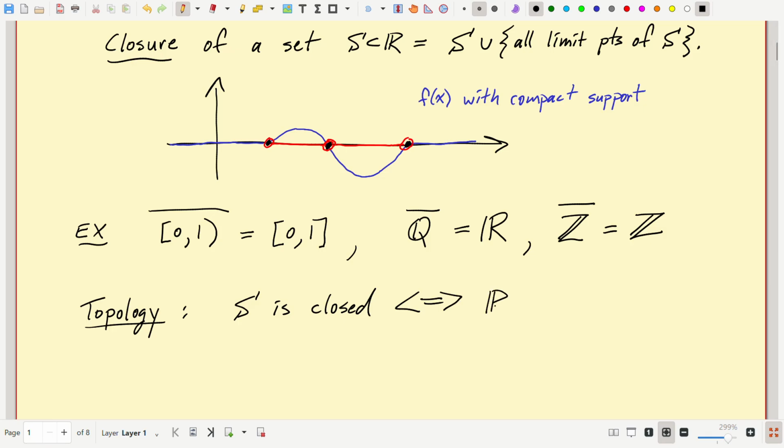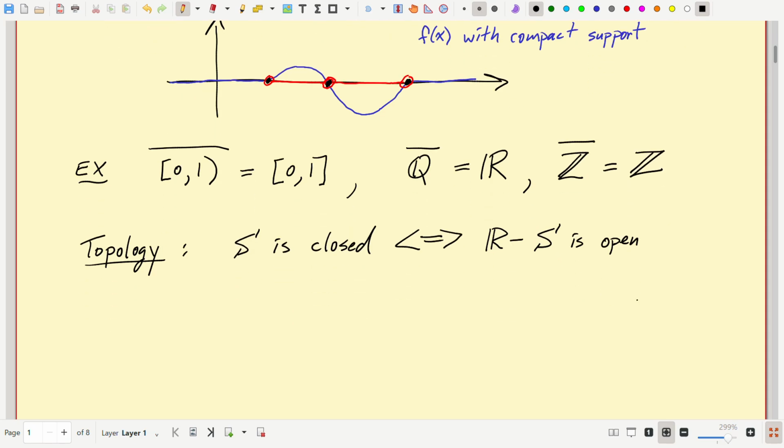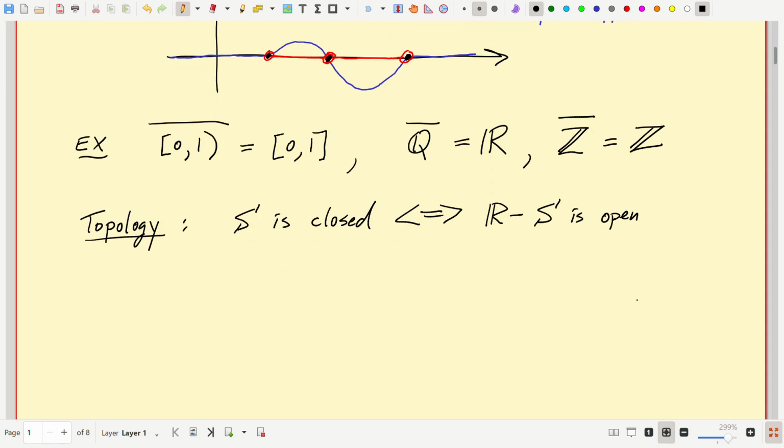So R minus S is an open set. An open set is one that has a little open interval about every point that's in the set.